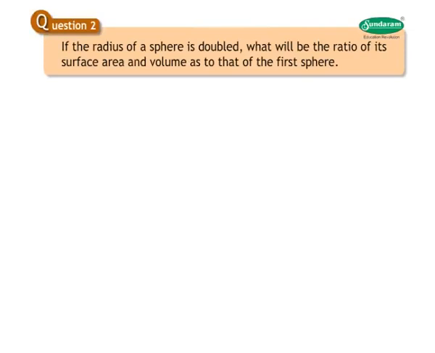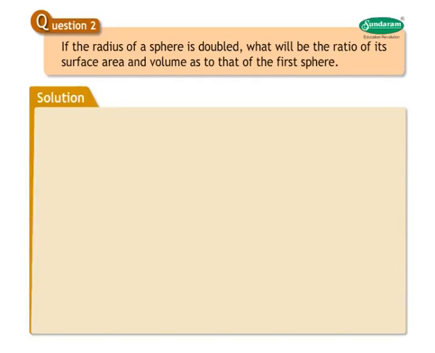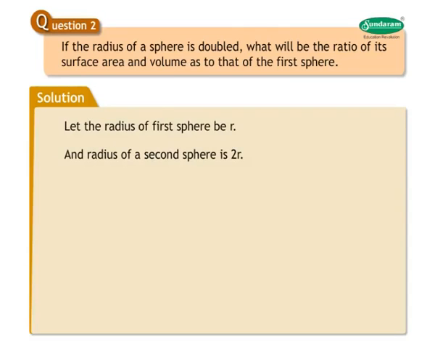Number 2. If the radius of a sphere is doubled, what will be the ratio of its surface area and volume as to that of the first sphere? Solution. Let the radius of first sphere be r and radius of second sphere is 2r.